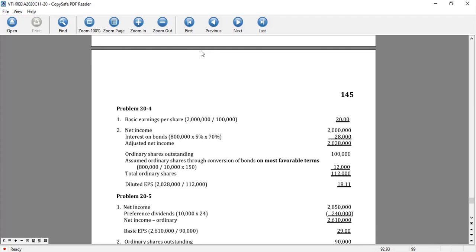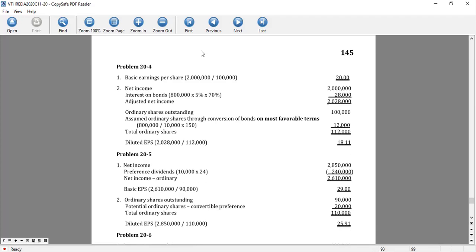So we now multiply the 10,000 shares by 24, since that's the dividends paid on the preference share during the year. So we have now 24 times 10,000. We deduct from net income 240,000, and the net income to be given to ordinary shareholders is 2,610,000.